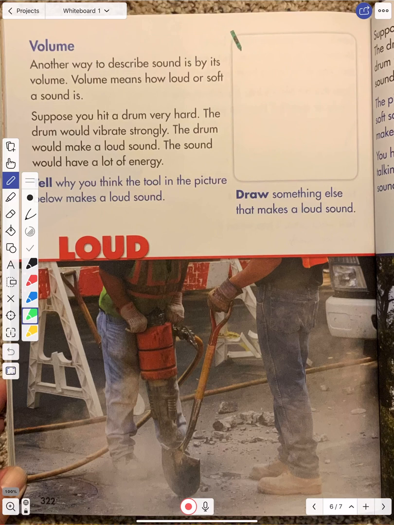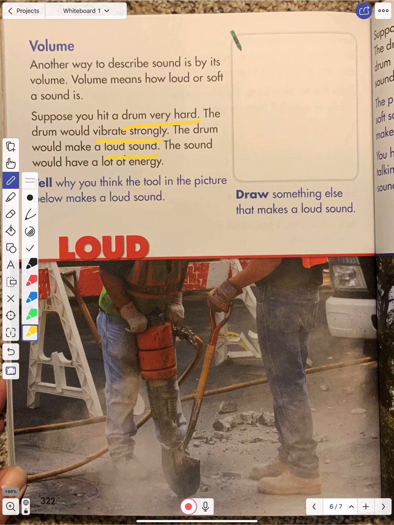Tell why you think the tool in the picture below makes a loud sound. Why would that jackhammer make a loud sound? Well, they gave us some information up here that if the drum was struck hard, it would be vibrating strongly, and that would give us a loud sound.